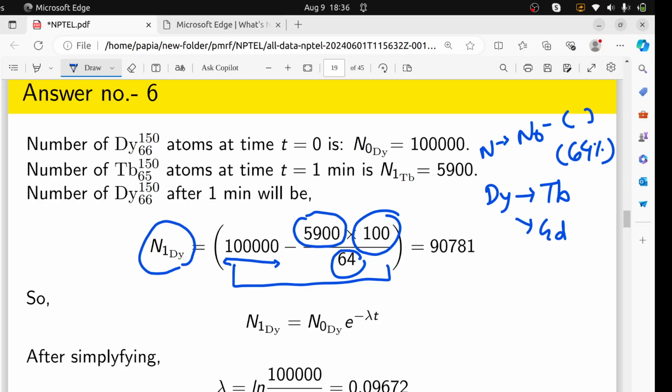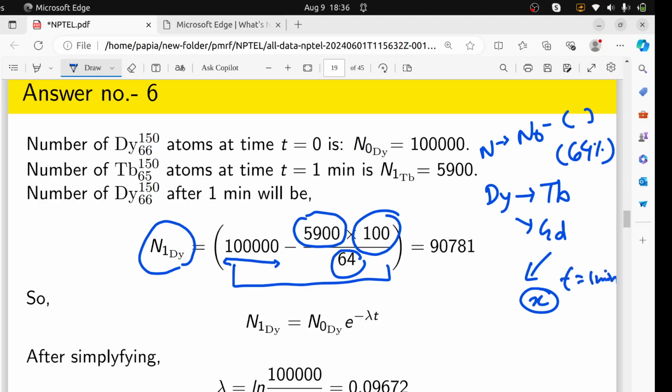Now, let's say in any question they are giving the value of GD at t equals 1 minute. So what will we do for that case? Let's say x is the number of GD at t equals 1 minute.